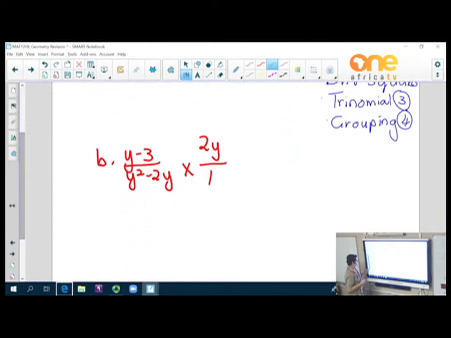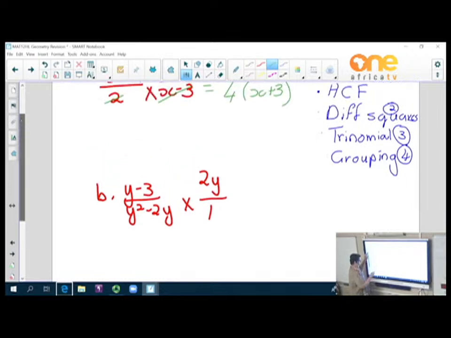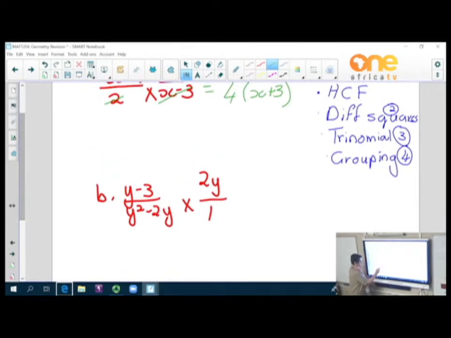Number B. Do I need to factorize? Yes. Here I need to factorize. This time it's the highest common factor. It's not difference between squares because this is not a square number. You need square numbers there. So this is the highest common factor, so I'm going to take out the y, and then it's y minus 2 there.